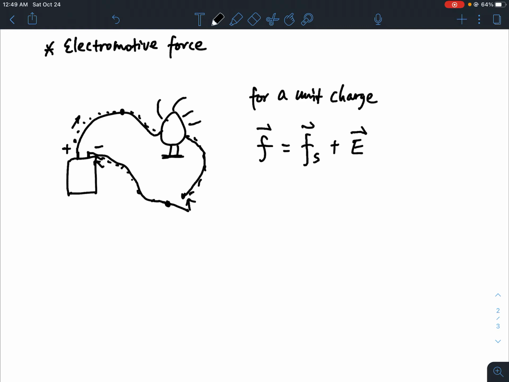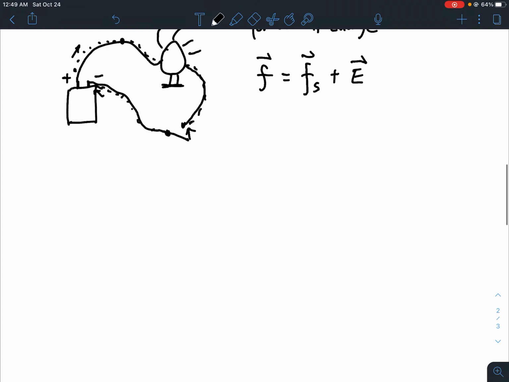We are talking about a charged particle inside this circuit. There are two forces involved in driving the current around the circuit that I showed here. One is Fs, due to the source.